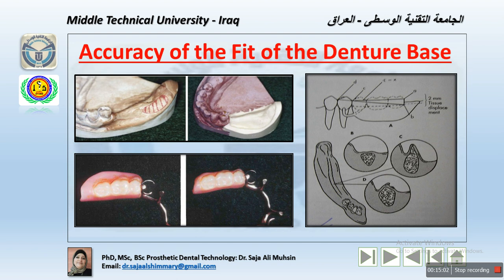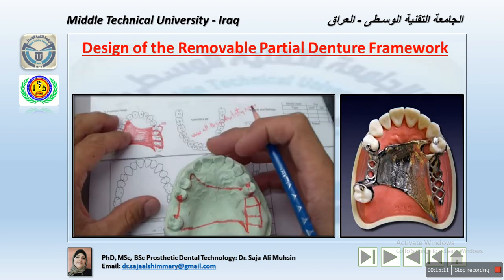And also, another factor affecting the support of distal extension is the design of the removable partial denture framework. Some rotation movement of a distal extension base at the distal abutment is inevitable under functional loading.